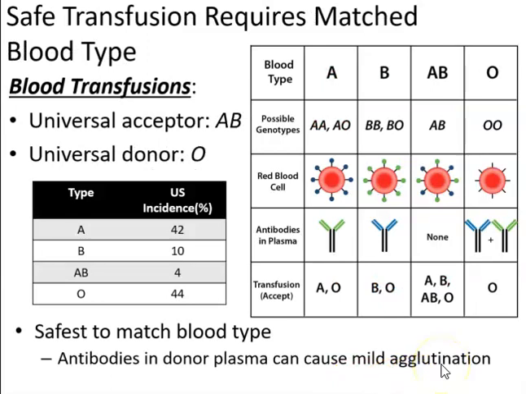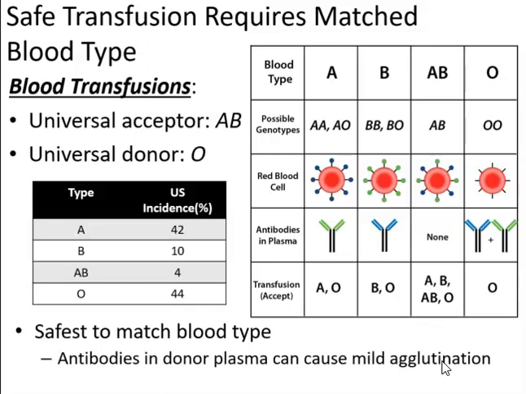Safe transfusion does require the proper matching blood type. And again, we talked about a universal recipient being type AB blood because they have no antibodies within their plasma. And then the universal donor is type O blood because there are no antigens on the surface of these red blood cells to cause agglutination within the recipient.